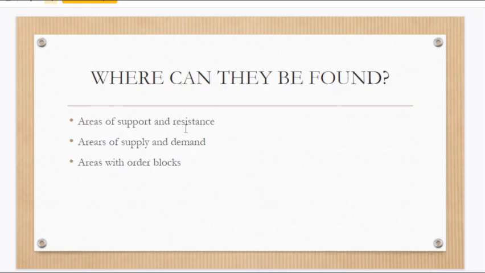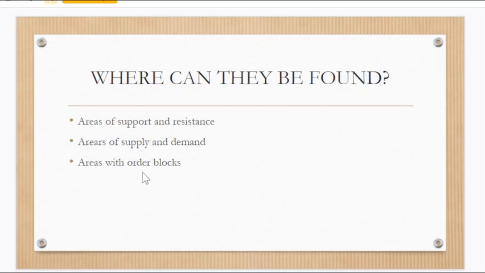I will explain later concerning support and resistance. Write that down: areas of support and resistance appear as areas of supply and demand, same as areas of support and resistance.